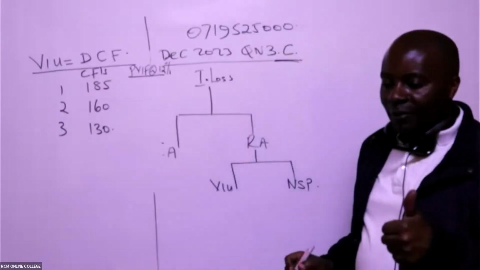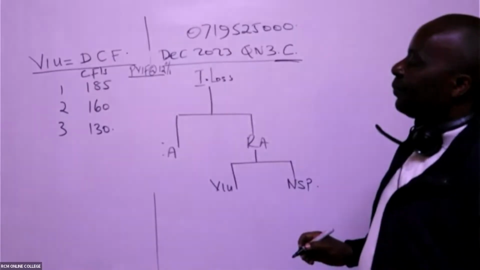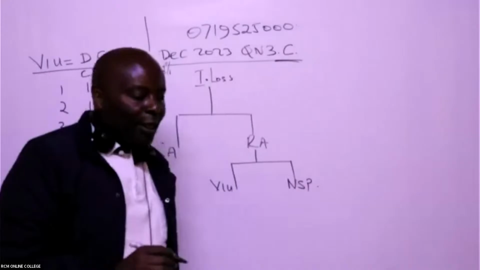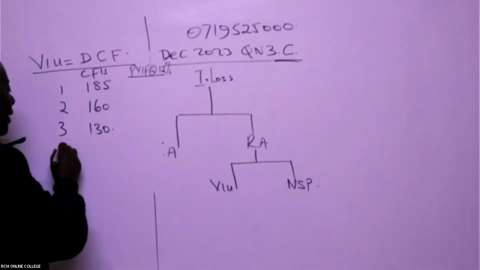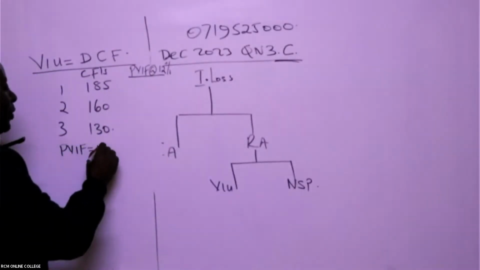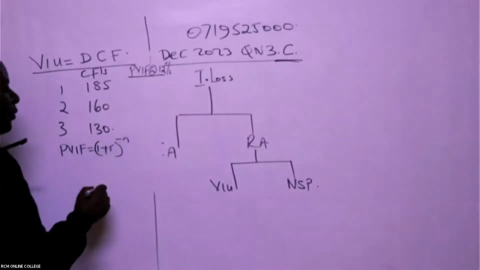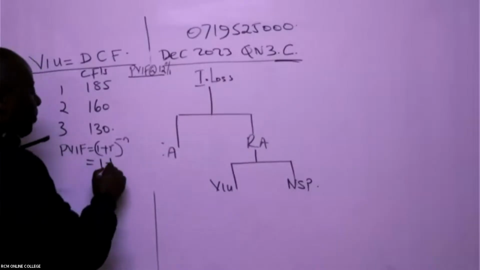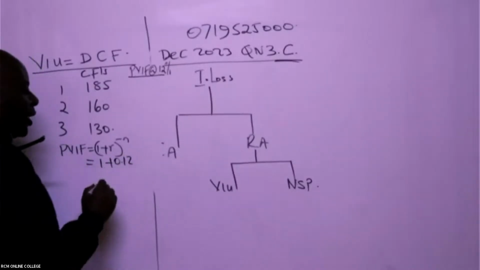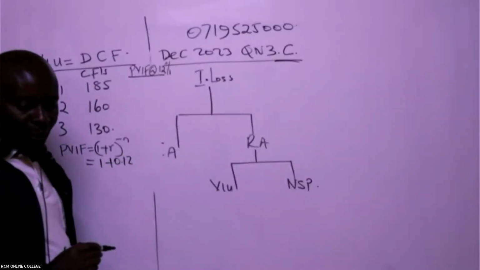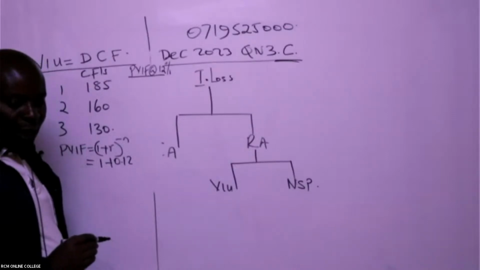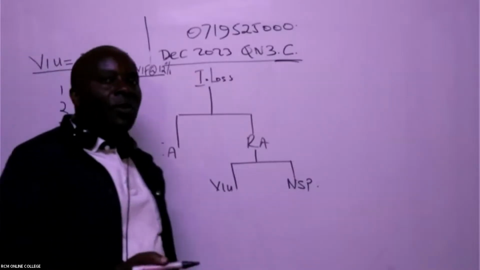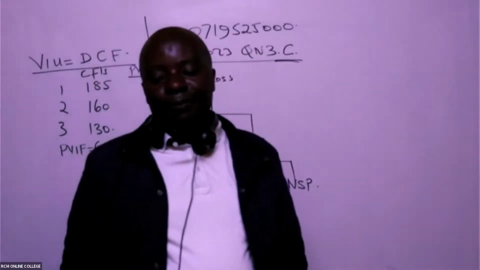At 12%. If it is PV that they want me to use, my friends, I know the formula: PV is 1 plus R raised to negative n. Our R is 0.12, because they've given us the required return there, 12%.